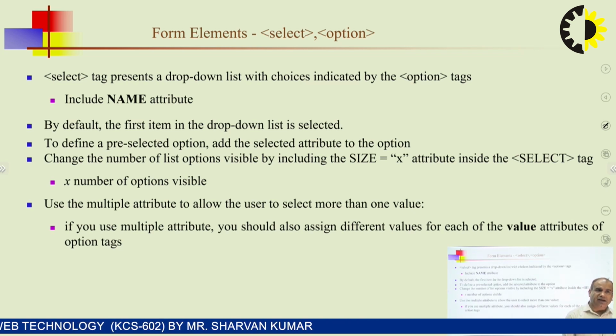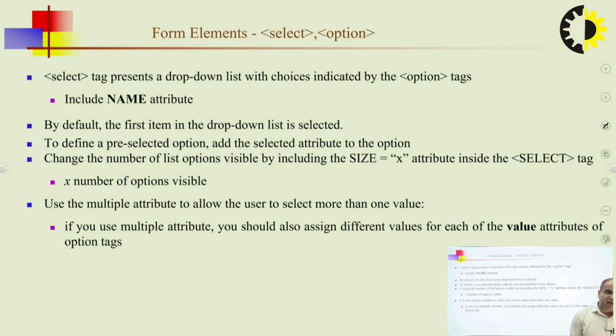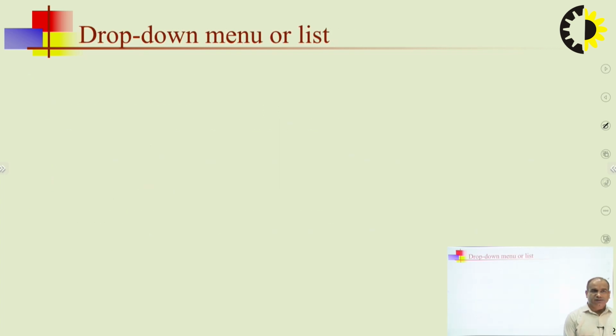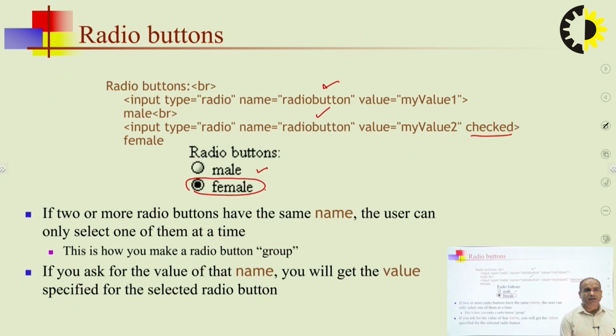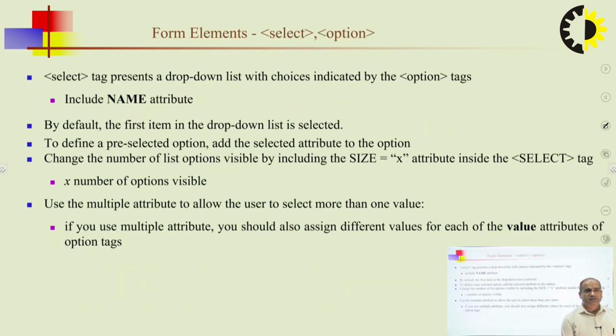We can change the number of visible list options by including the size attribute inside the select tag; X number of options will be visible. Use the multiple attribute to allow the user to select more than one value. If we use the multiple attribute, we should also assign different values for the value attribute of each option tag. So you will see the drop down menu or list we use with this form.